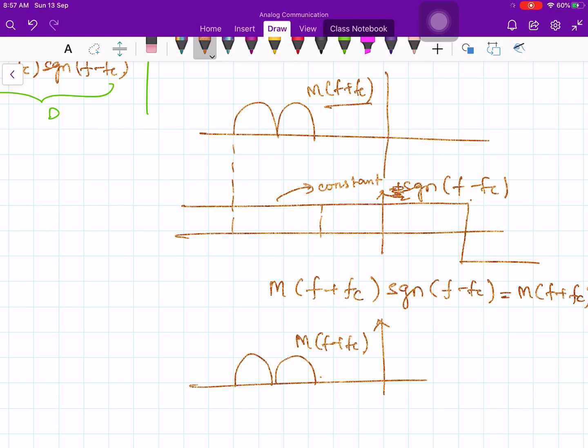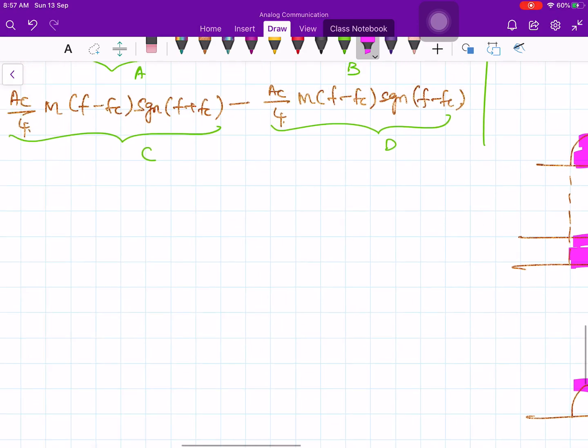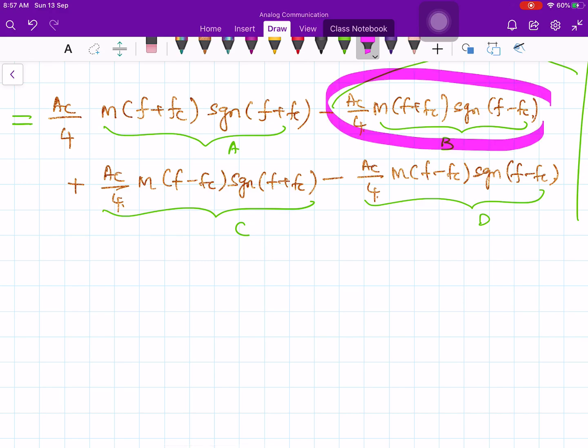So this area is multiplied by this area. Based on this constant term, this height is reduced. That's all. So the B term becomes m of f plus fc times signum of f minus fc. Your B term is going to be minus AC by 4 m of f plus fc.